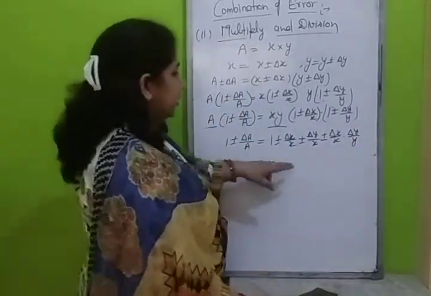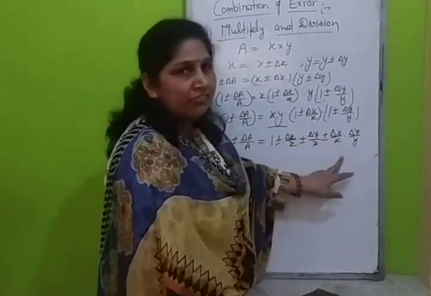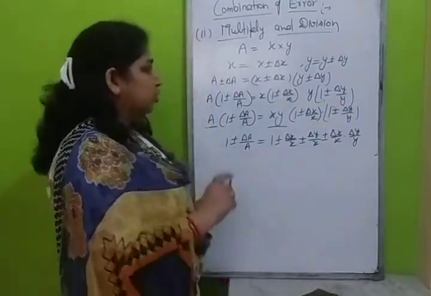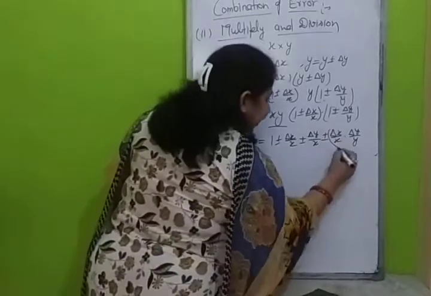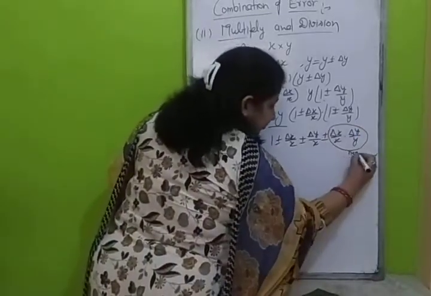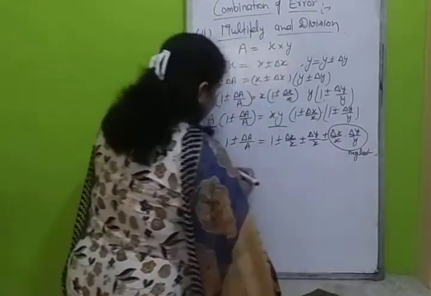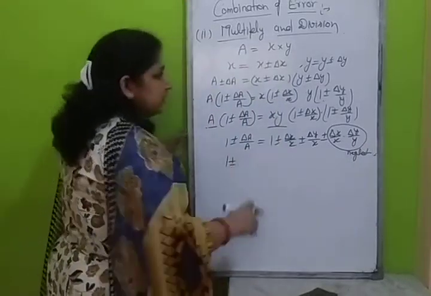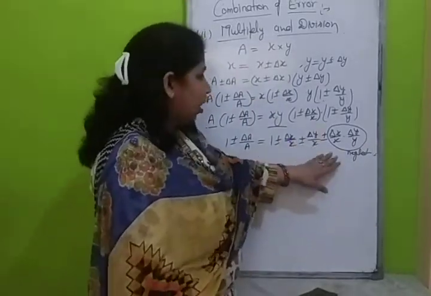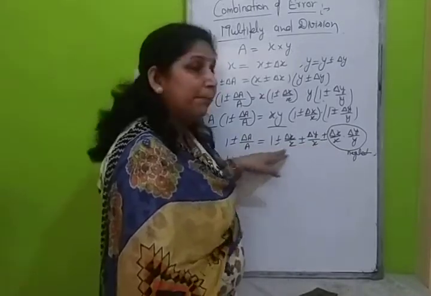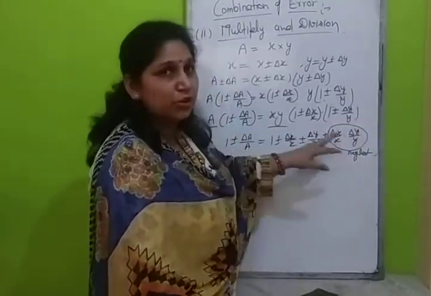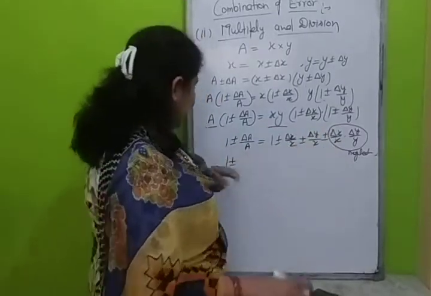Got it? These two terms are very small, and when we multiply two small terms, the result will be much smaller. So we will neglect this term. In comparison, this term is very small, so we will neglect it. Got it?